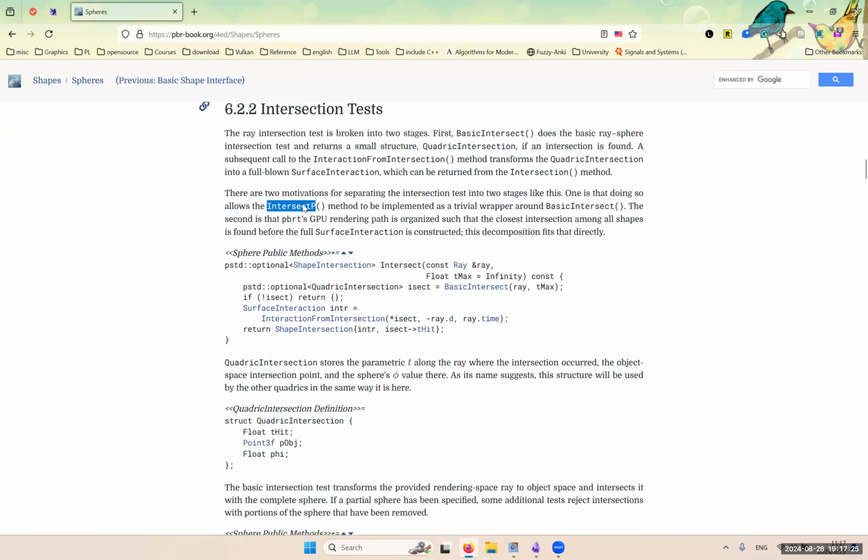So the IntersectP method just wants to check whether we have an intersection or not, so it does not need to do actual work for lighting.